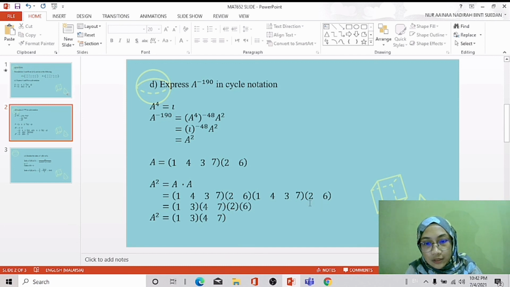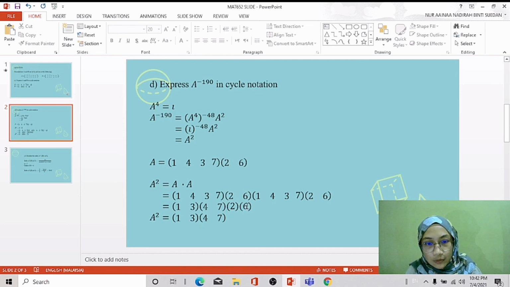Okay, so we start from 2. 2 goes to 6, then go to the left side, 6 goes to 2. It maps to itself. So just close the bracket. Then 6 goes to 2, and on the left side 2 goes back to 6.